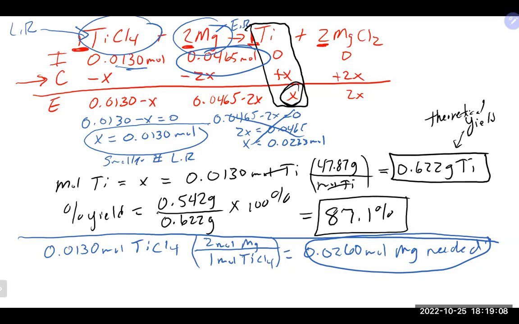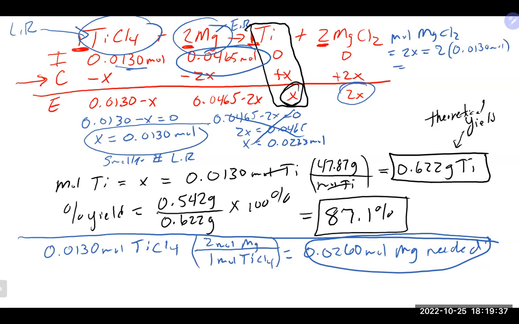Other questions on that? Again, the other benefit, as we talked about for this method, is if we also want to know, for example, how much magnesium chloride we would have produced as well. We could see from the ice table here that the moles of magnesium chloride equals 2x, which means we just take 2 times our x value, 0.0130 moles.